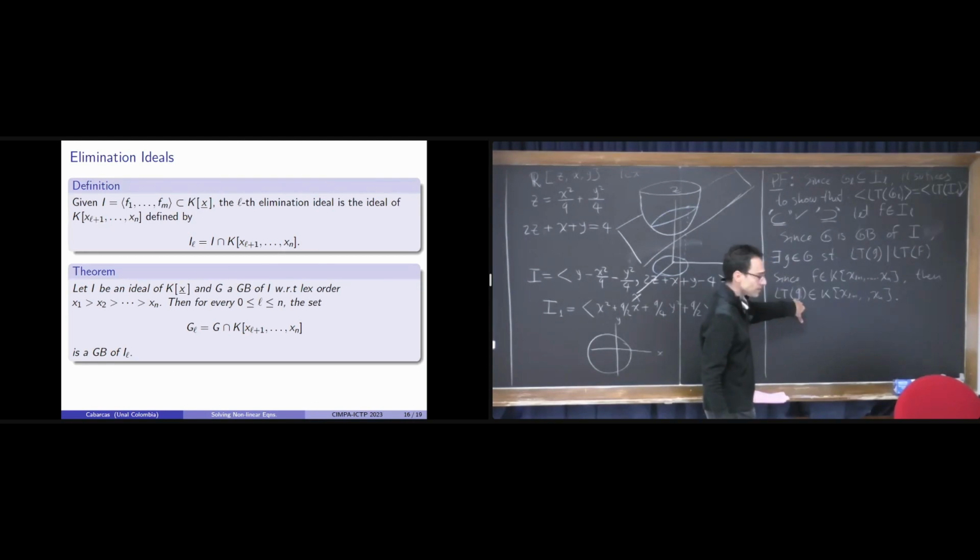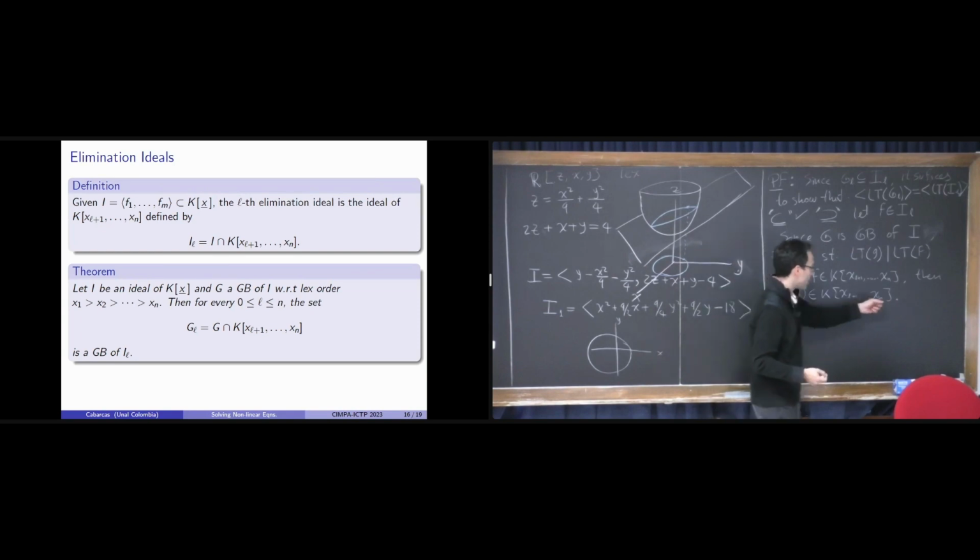But now, notice that the order on which we computed the Groebner basis is the lexicographic order. Since the leading term is written in these variables, and we're considering the lexicographic order, then not only the leading term, but all its terms are in those variables.